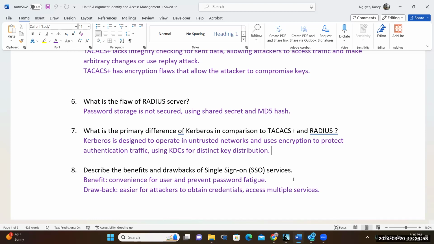However, the drawback for that is it's definitely easy for the attacker to obtain the credential because it is saved or transmitted across multiple devices.